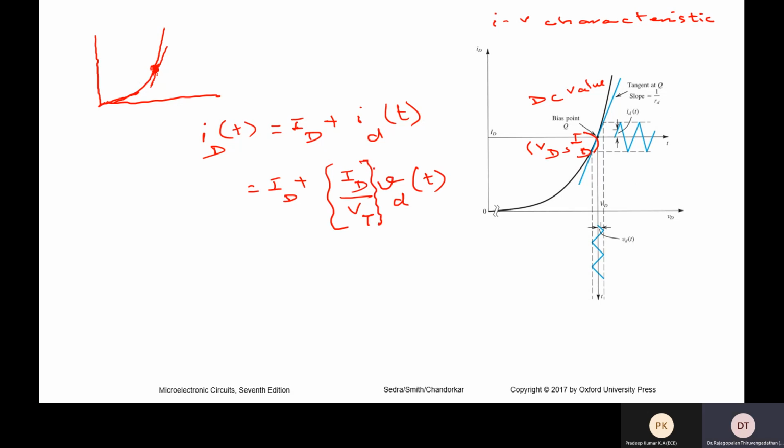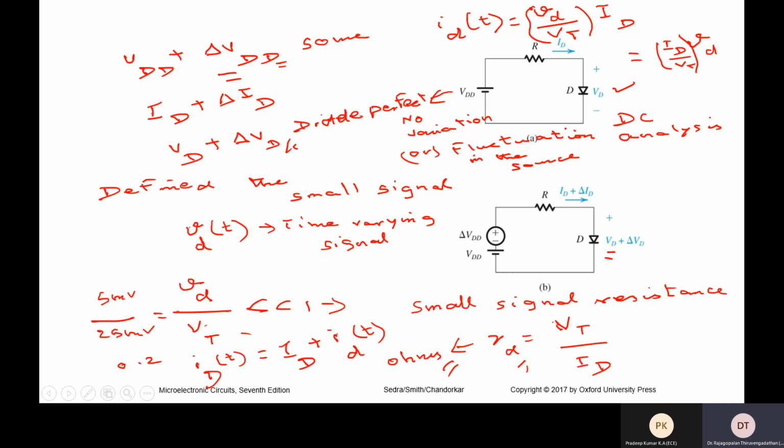With this equation, think about this: in the absence of the small signal, the equation resembles y equals mx plus c, where the x variable is your x-axis variable, which is the small signal variable over here. In the absence of the small signal, there is no variation here. So the current that will be flowing will correspond to figure A here.